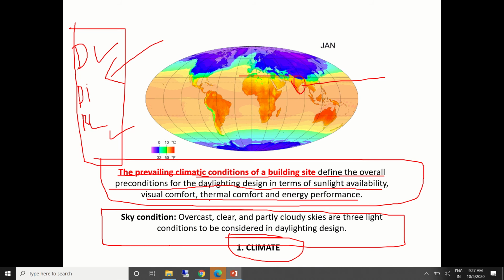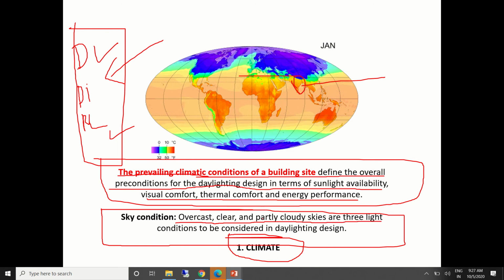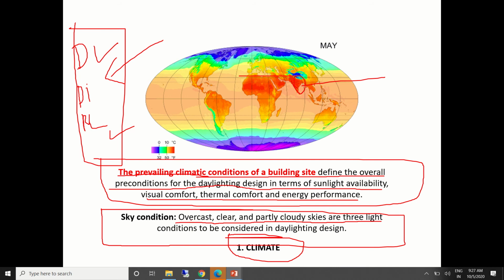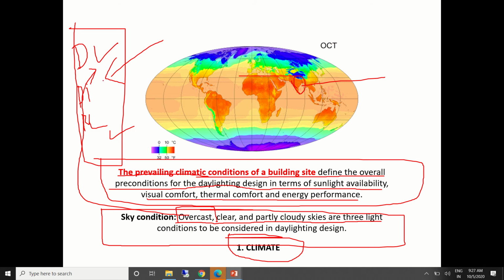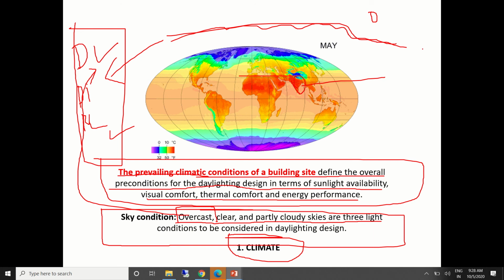But in technical terms, it is classified as overcast sky conditions, clear sky conditions, and partly cloudy sky conditions. Based on this, each building is assessed. Overcast, we know that it is fully covered and we don't see the sun anyway. It is all fully clouded.